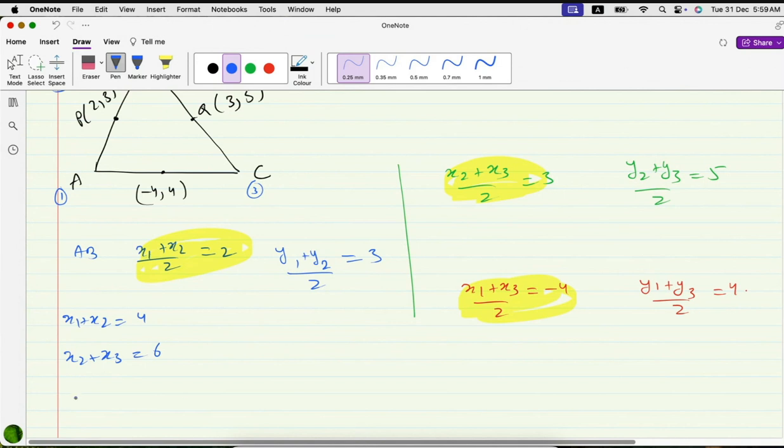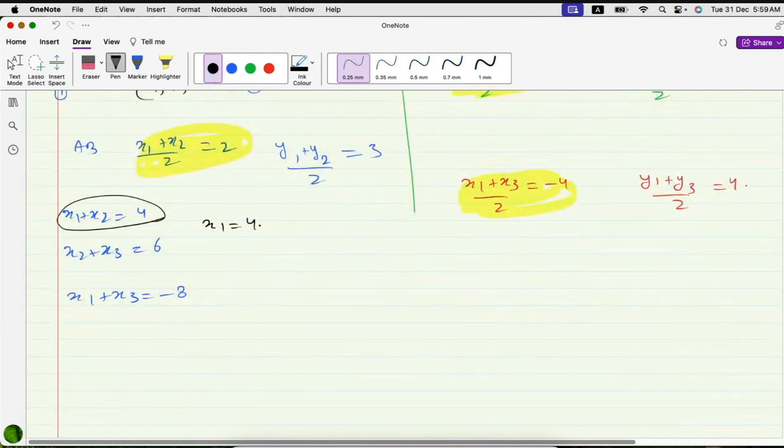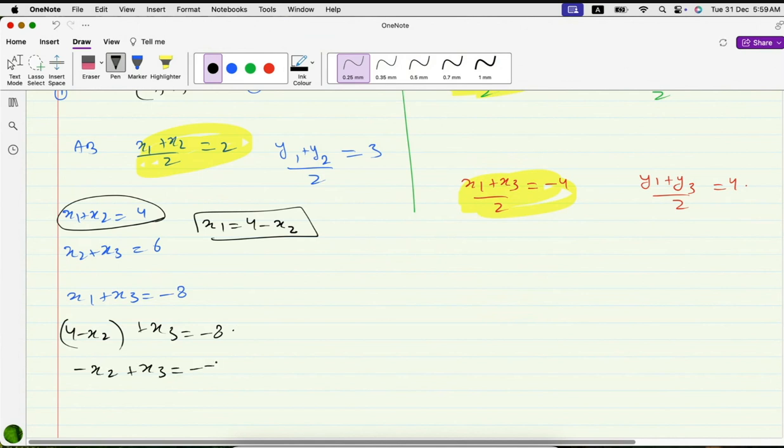The last one says x1 plus x3 is equal to -8. If I just select this one, x1 is equal to 4 minus x2. So x1 is basically 4 minus x2, plus x3 is equal to -8. Simplifying, minus x2 plus x3 is equal to -12.